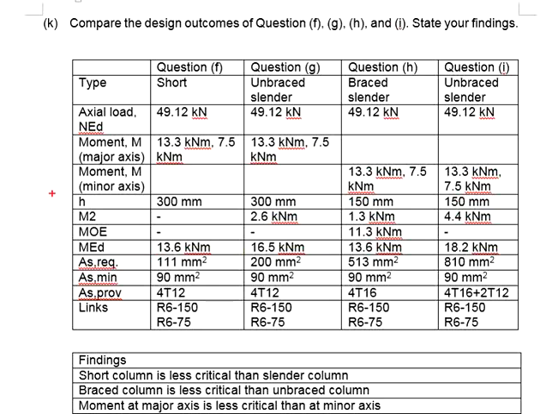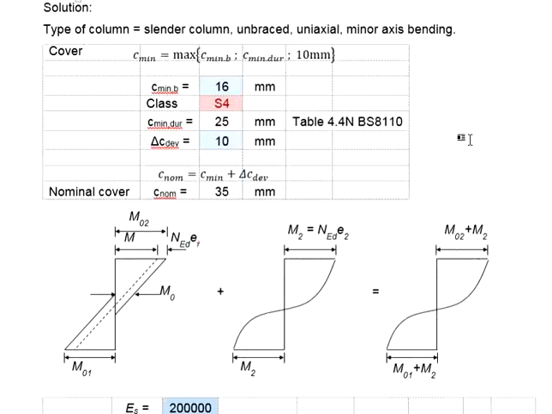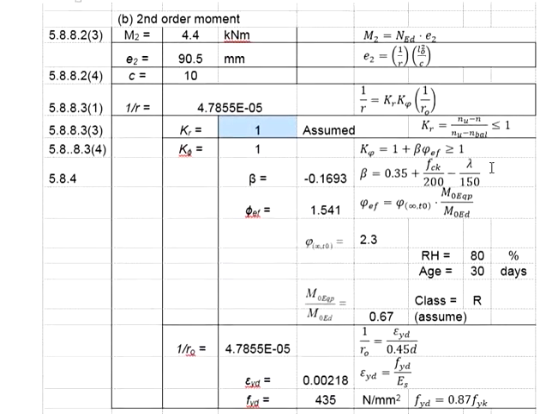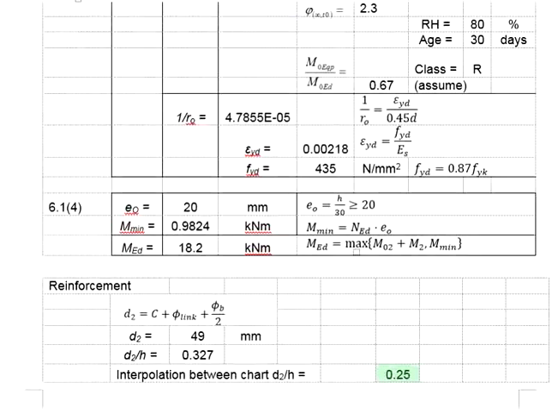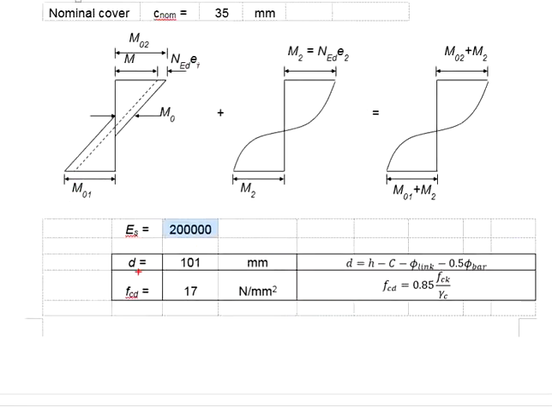First is about the h that we use in our calculations. Remember, in the calculation process, there are equations requiring the h. For example, e naught, you need the h here. For example, calculating the effective depth, you also need the h here.